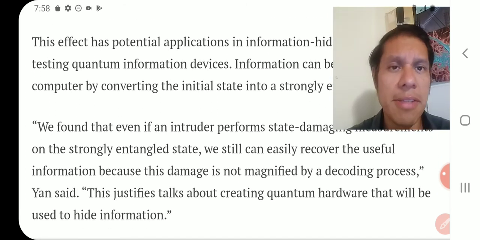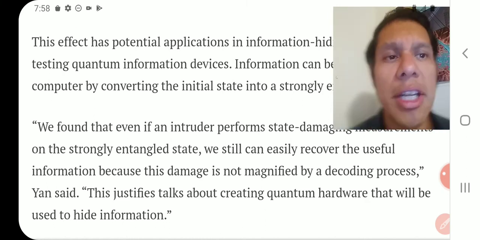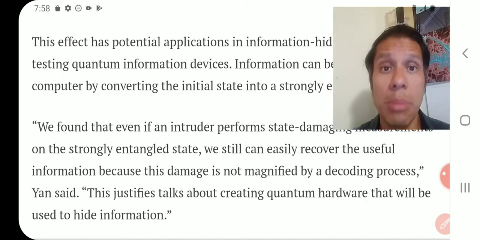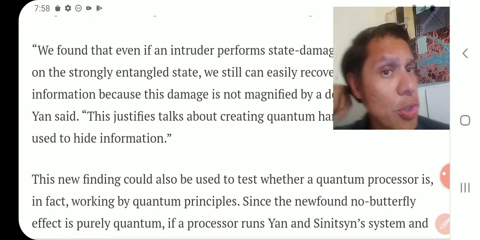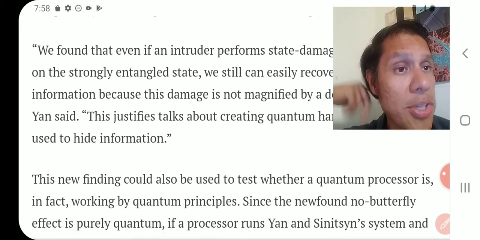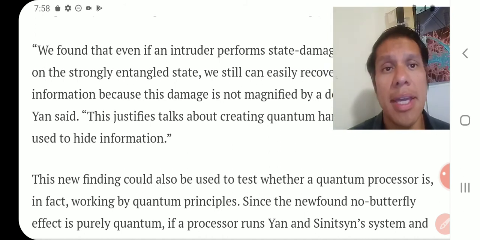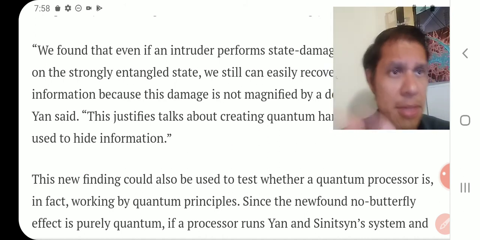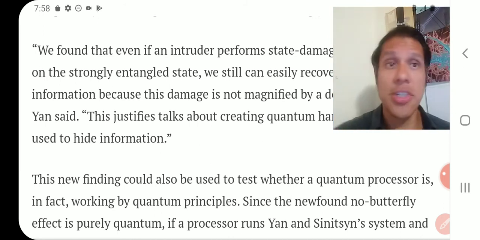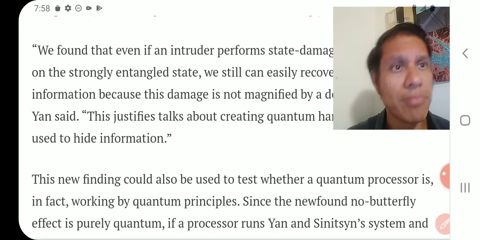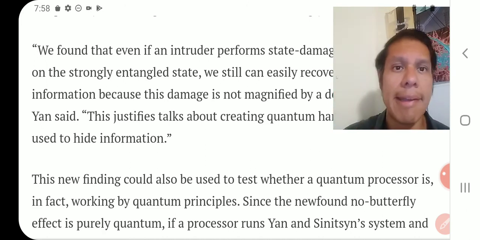"Yan said this justifies talks about creating quantum hardware that will be used to hide information. This new finding could also be used to test whether a quantum processor is in fact working by quantum principles." And this paragraph is very interesting. So in the previous paragraph, they tell you one application, right? One application is that you can hide it in the entanglement, right?